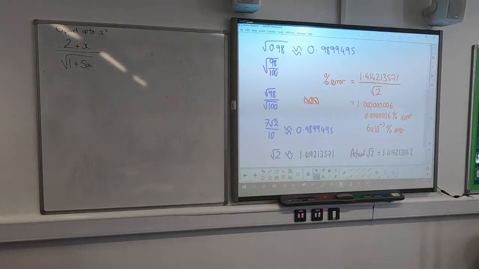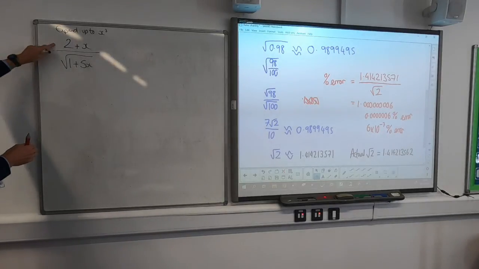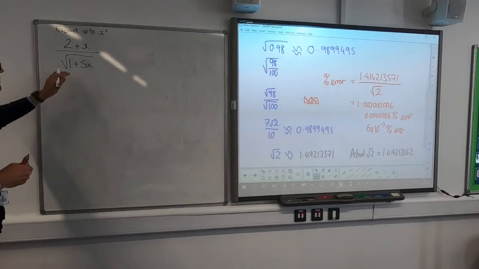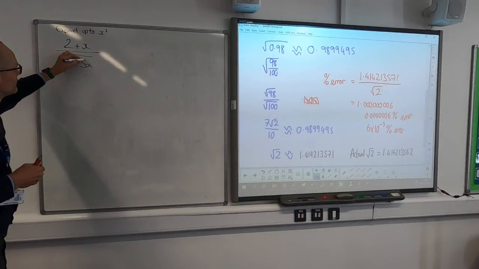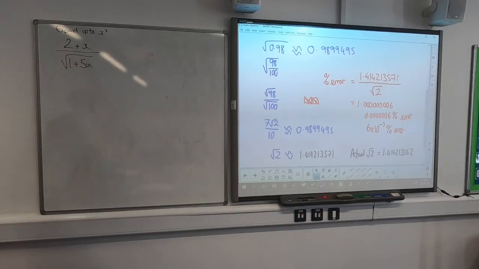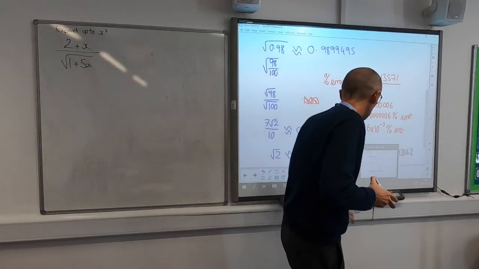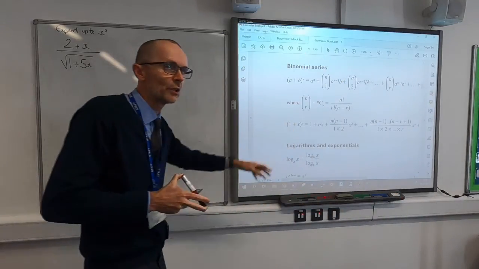Does that say 0.2? That says no, 2. So here I am being asked to expand this statement, and that's a 5. And this certainly doesn't look like that.